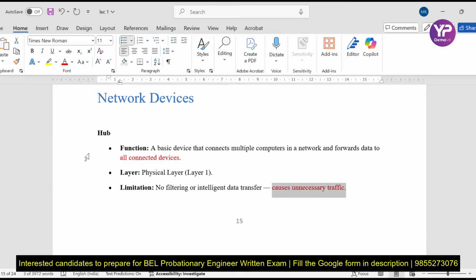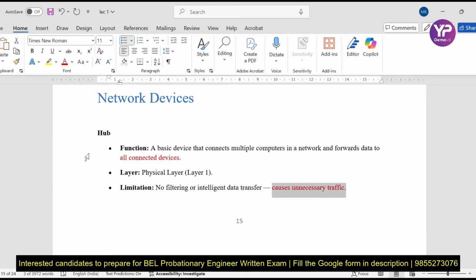Next, bridge. What is the main functionality? It connects and filters traffic between two or more LANs. If you want to connect devices within a LAN, you use a switch. But if you want to connect devices between two different LANs, then you use a bridge.